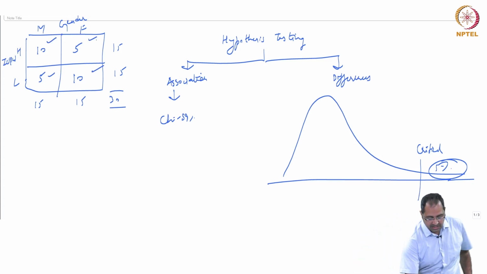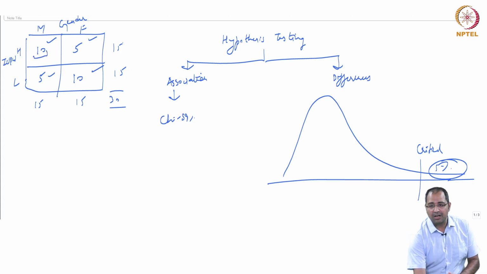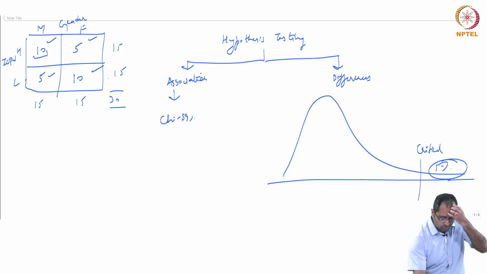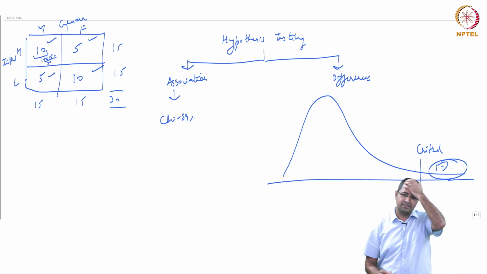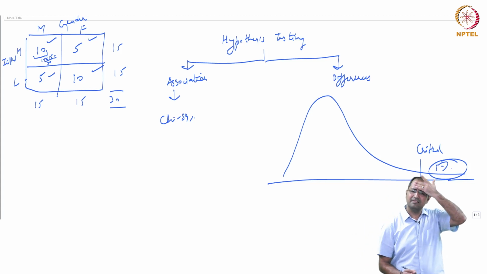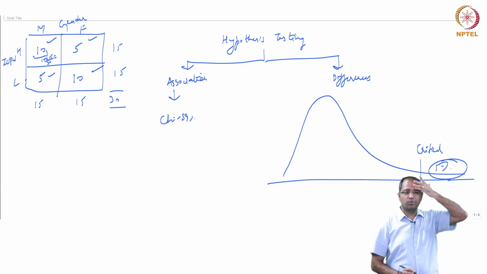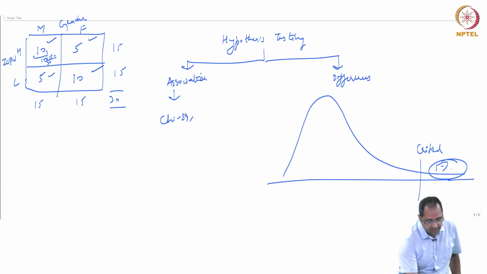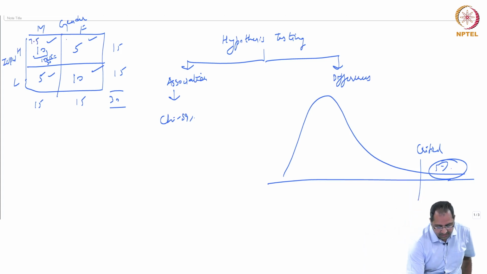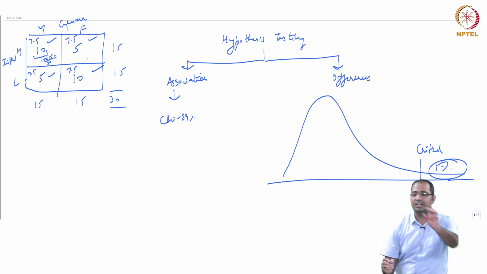It is calculated by multiplying, for a particular cell, the column total by the row total and dividing by the total number of respondents. So 15 into 15 divided by 30: 225 divided by 30 is 7.5. This should be the frequency in all four cells.